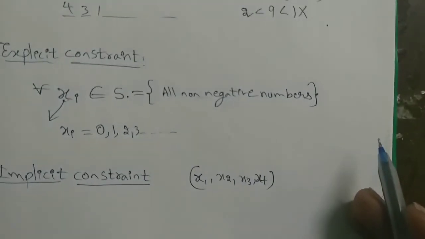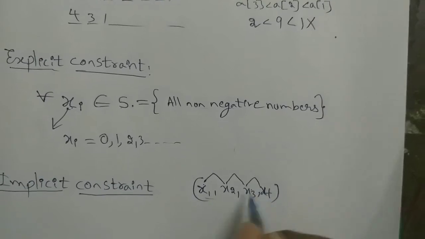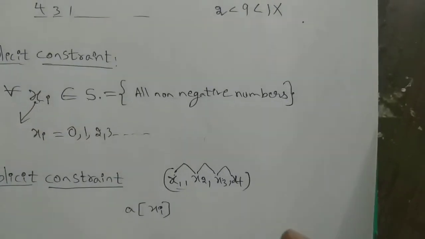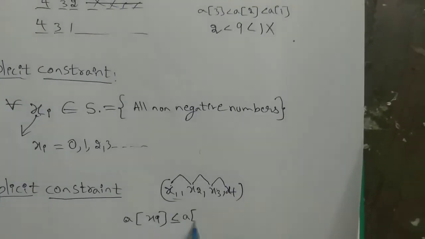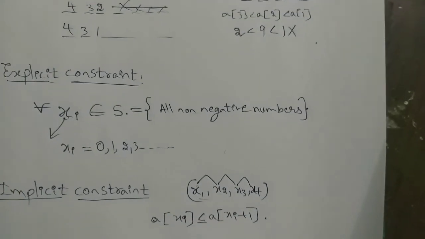What is the implicit constraint for that problem? It tells us the relationship between each xi. The relationship between each xi for the above sorting problem is that a of xi should be less than or equal to a of xi plus 1. That is one possible implicit constraint, right?